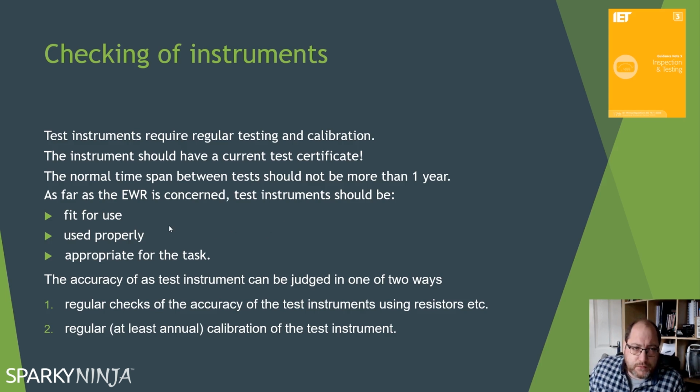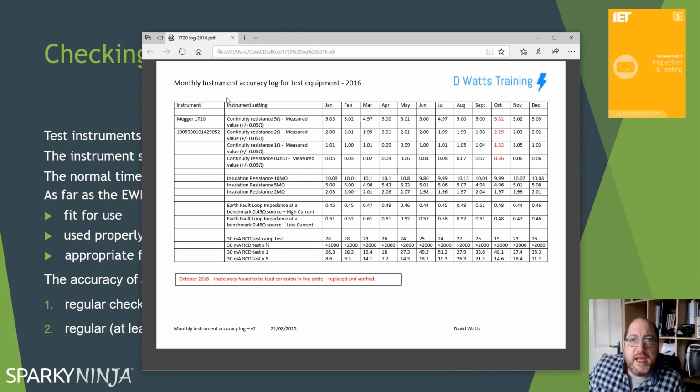I, for example, see if I can find it, I would use a simple spreadsheet just to record my data. Here we go. Let's slide this over here. So this is a Megger 1720 that I've got. I monitor the continuity.